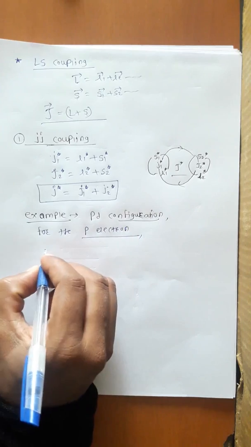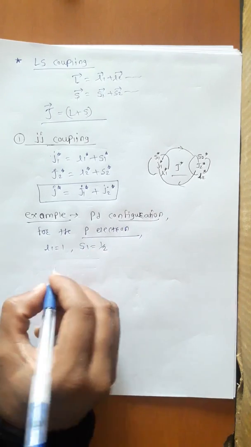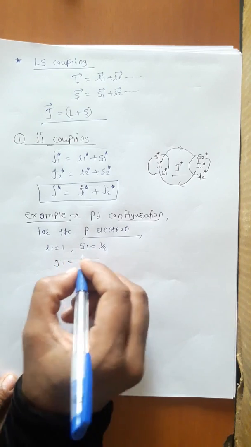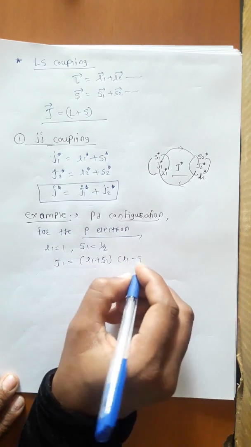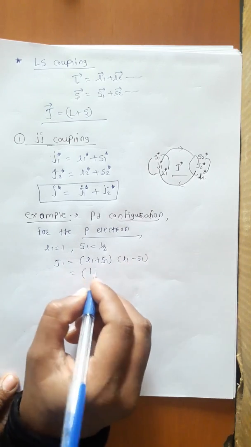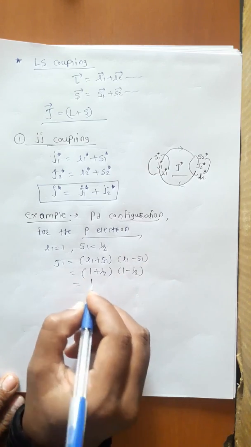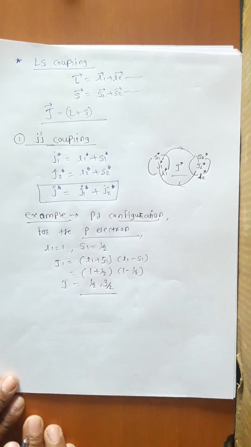For the p electron, L1 is equal to 1 and S1 is equal to 1/2. Then J1 is equal to L1 plus S1 and L1 minus S1, that is 1 plus 1/2 and 1 minus 1/2, which gives 1/2 and 3/2. These are the J values.